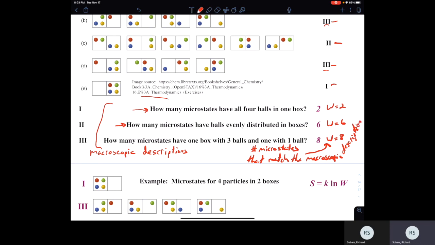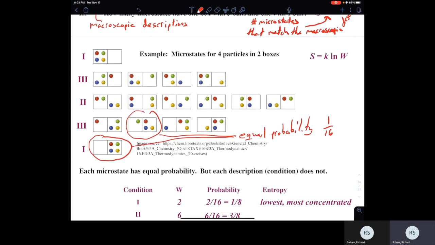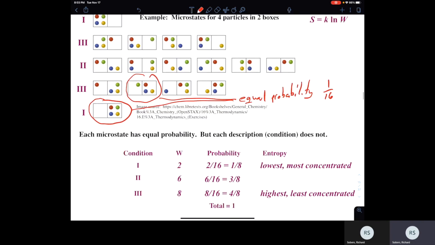Okay. So any microstate has the equal probability, but the condition or the macroscopic description, those do not have equal probabilities.